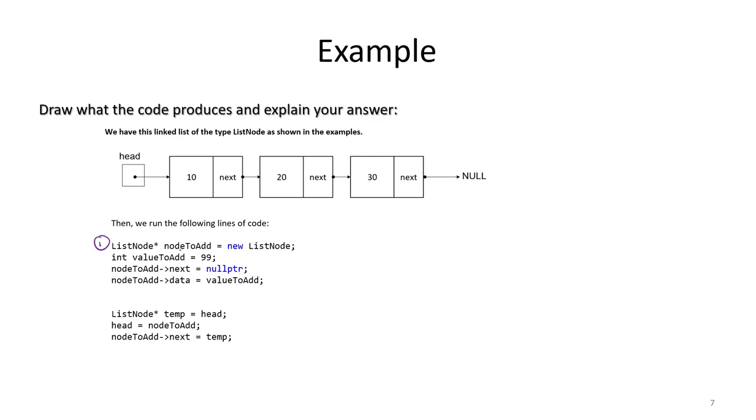Well, that's going to declare a list node type pointer named node to add. And we're going to make that pointer point at a new list node struct.